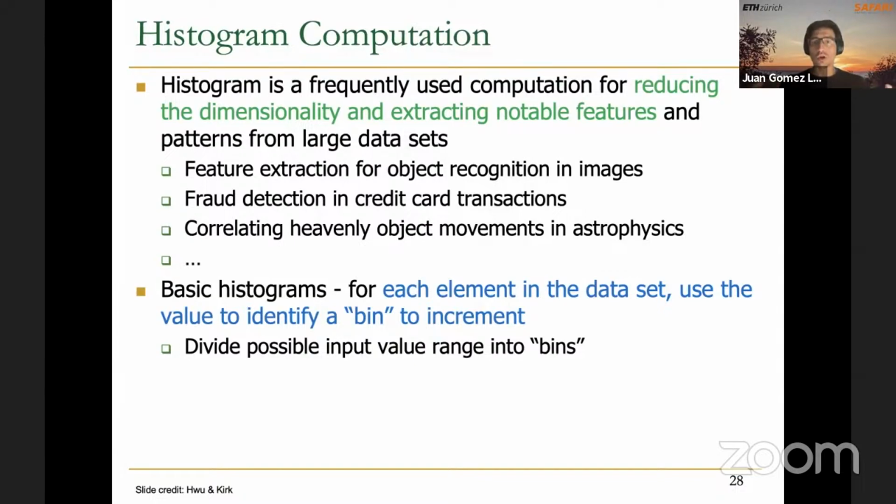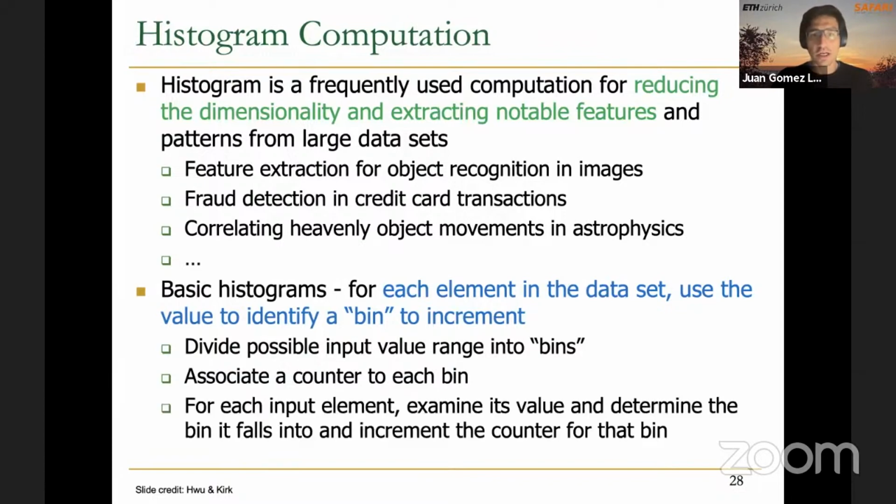If we want to create the histogram of an image with 8-bit depth, we will need 256 bins, and we associate a counter to each bin, or we can say that the bin is a counter. For each input element, we examine its value, go to the corresponding bin, and increment its counter.